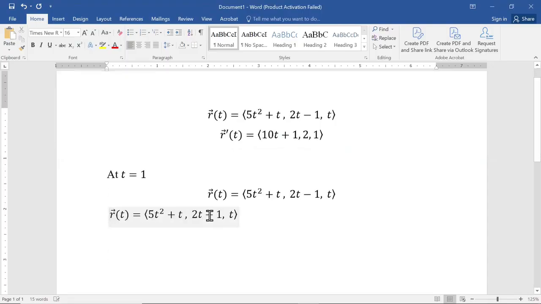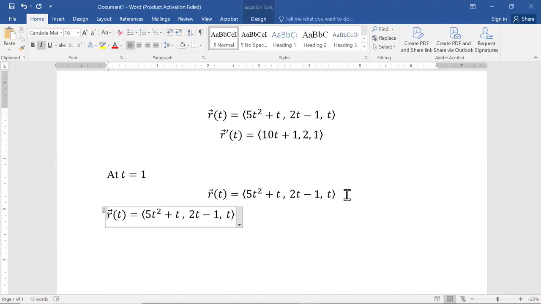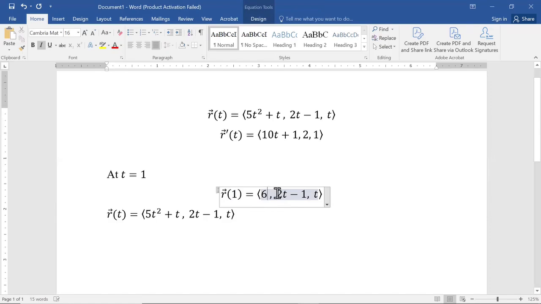So let's do r of 1, plug in 1. I'm going to get 5 plus 1, I'm going to get 6 here. 2 times 1 minus 1 gives me a 1. And then plug in 1 there, I get a 1. So I get 6, 1, 1 when I plug in 1 into my r.